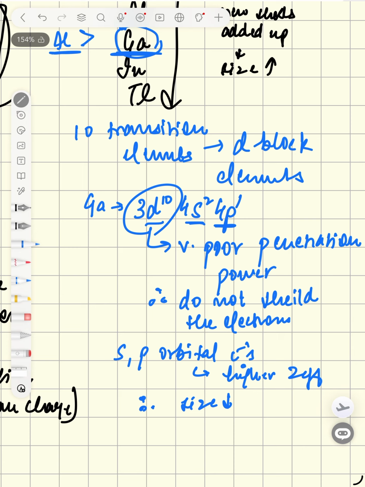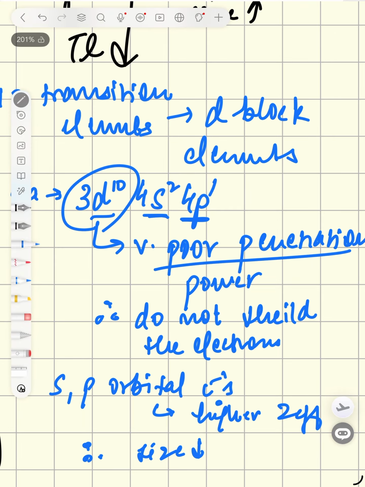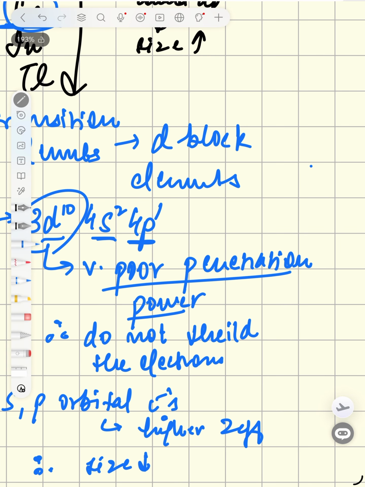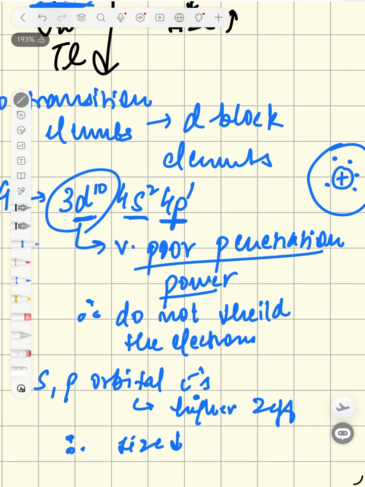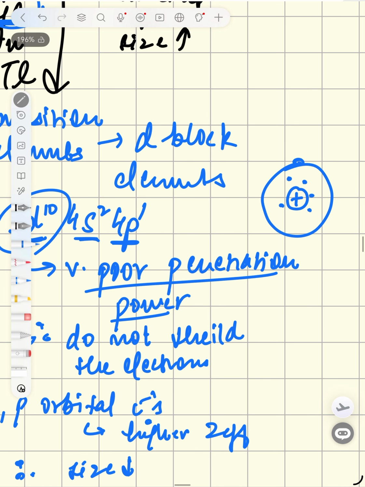Now, how close an electron can get to the nucleus is referred to as its penetration power, which is very poor for d orbital electrons. Therefore, they do not shield these outer electrons properly.